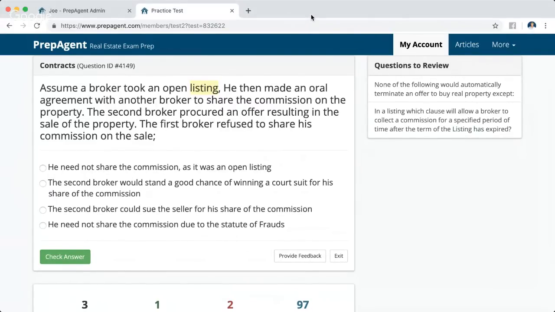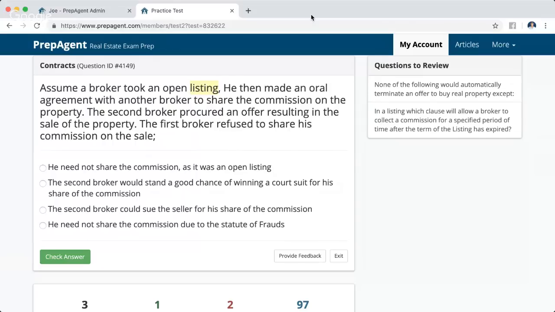The seller's broker took an open listing. He then made an oral agreement with another broker to share the commission on the property. The second broker procured an offer resulting in the sale of the property. The first broker, A, need not share the commission as it was an open listing. B, the second broker would stand a good chance of winning a court suit for his share of the commission.